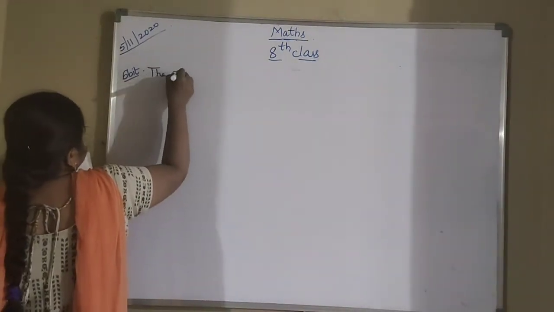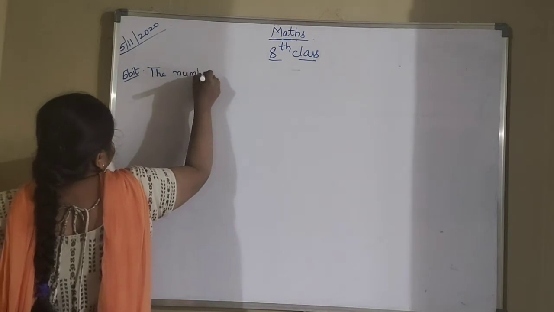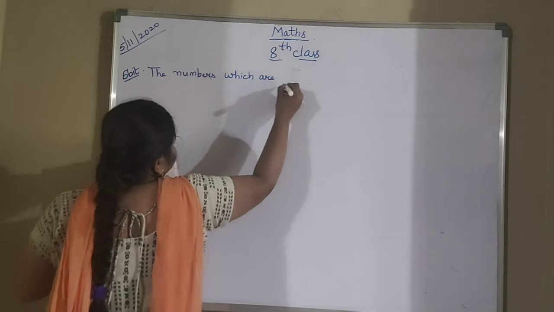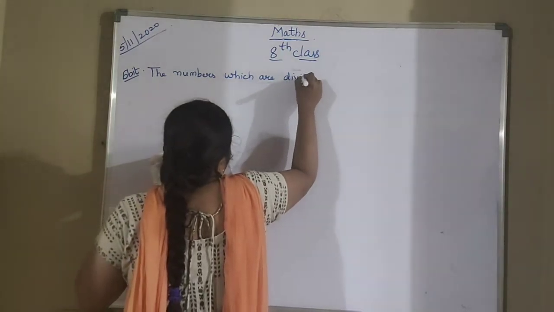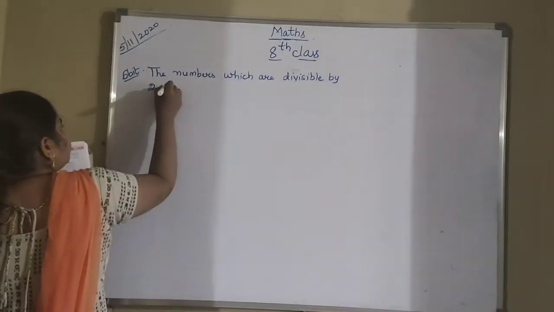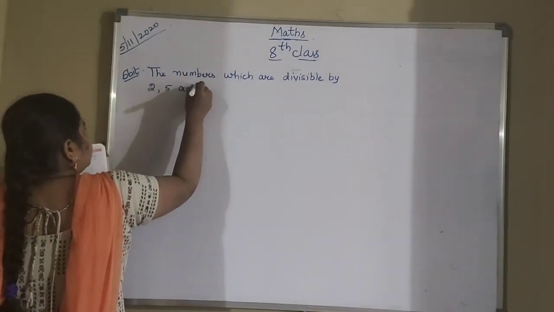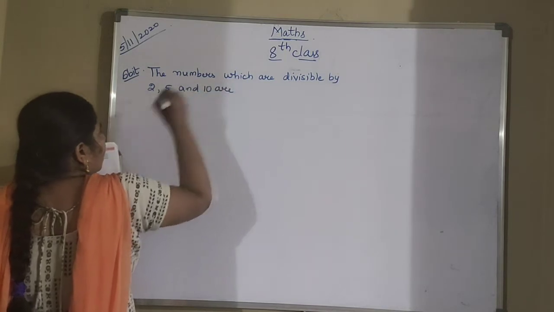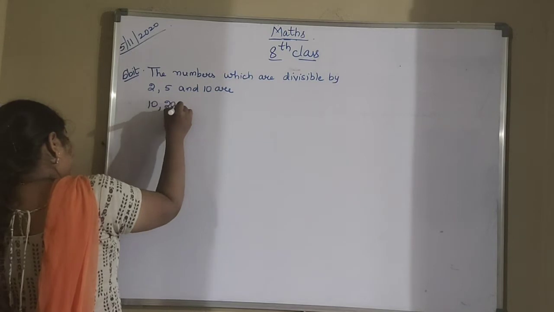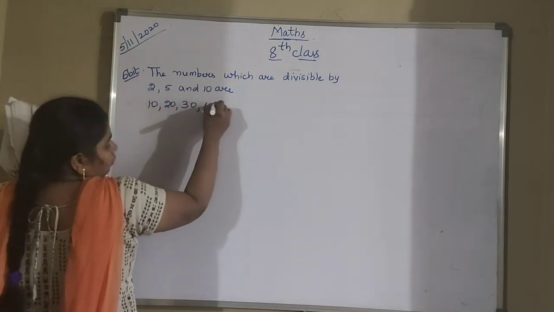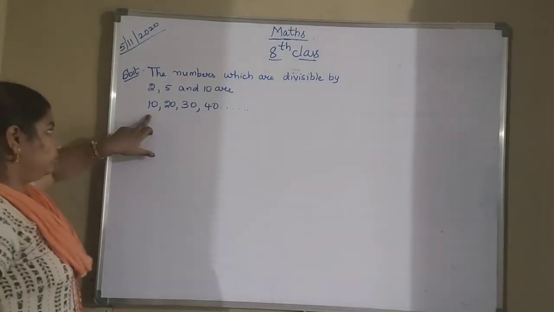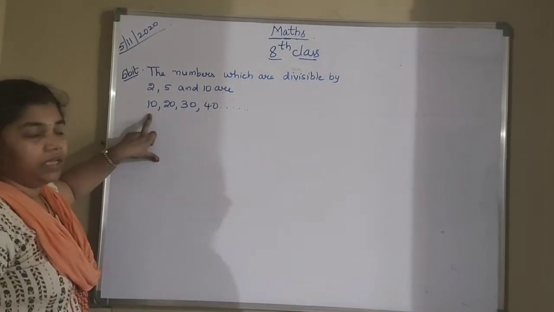The numbers which are divisible by 2, 5 and 10 are, so we can take here 10, 20, 30, 40 and so on. So these numbers are divisible by 2, 5 and 10. Okay.